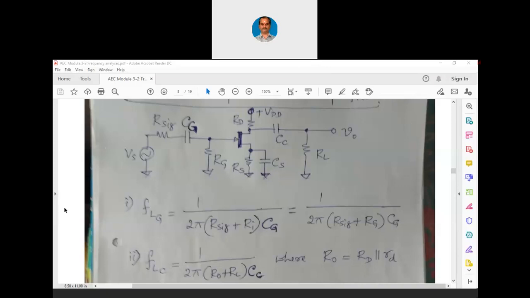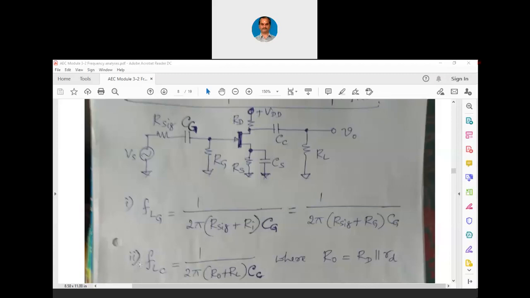Okay, 1 over 2 pi into (R0 plus RL) into CC, where this R0 is nothing but capital Rd parallel with small rd. Capital Rd is the drain resistance, small rd is the internal resistance of the drain region. RL is the load resistance, as this is already evident from the circuit diagram.